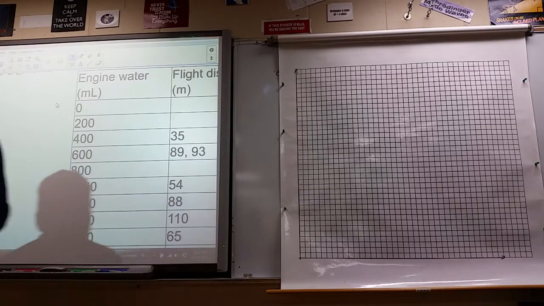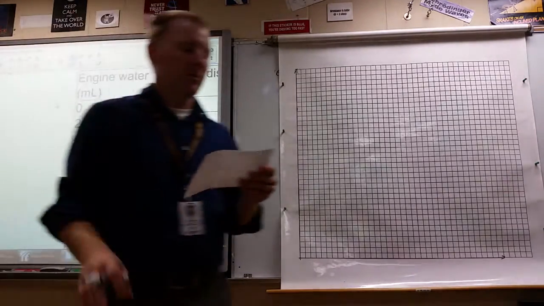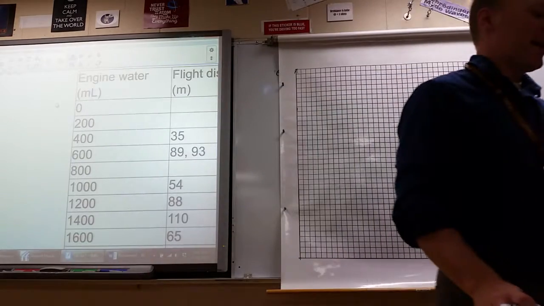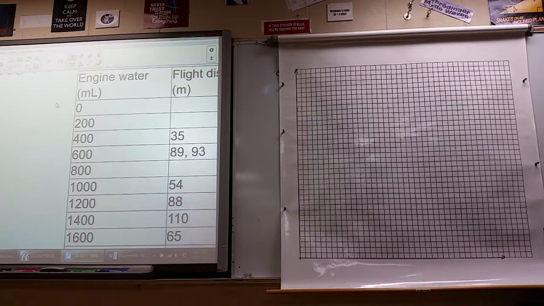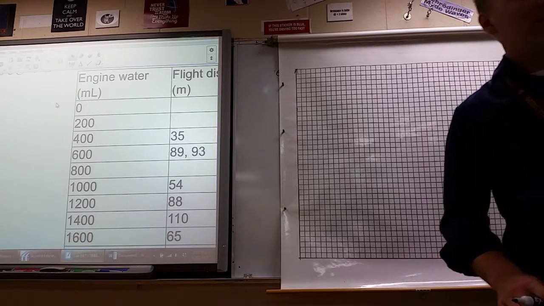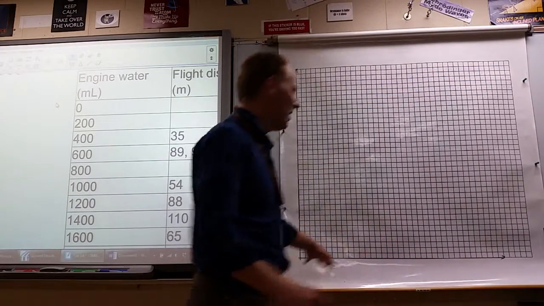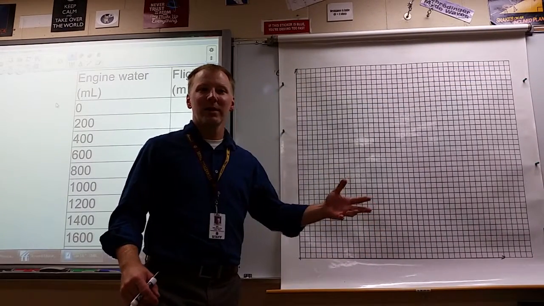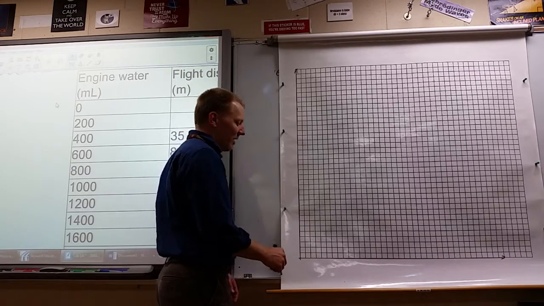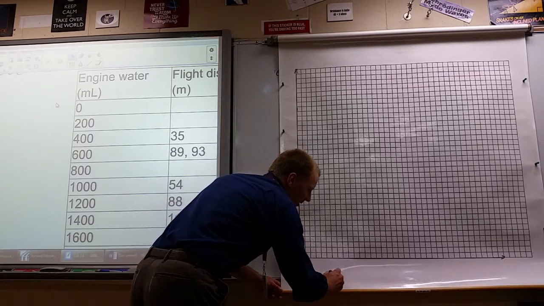Next, guys, label the x-axis. Which one's the x? Bottom one is the x. With the name of the independent variable with its units in parentheses. Independent variable in a graph always goes along the bottom. That's the one you changed directly. So for us, that was engine water.